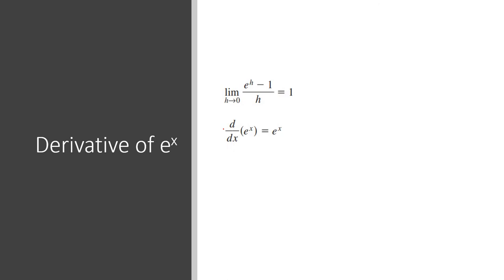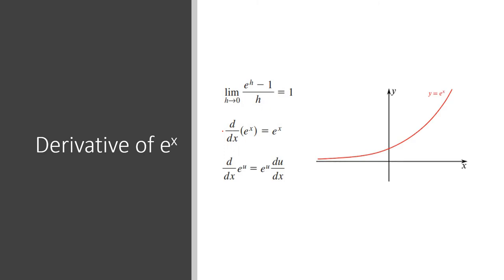It's a very unique function because it's its own derivative, so no matter what point you go on the graph e to the x, if you take the tangent line at that point, the slope of the tangent line will be equal to the y value at that point, which makes this very unique.